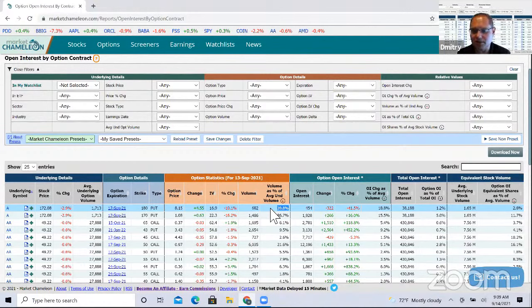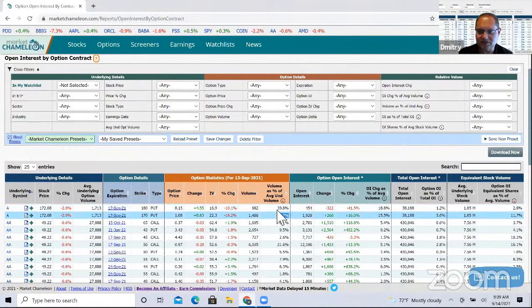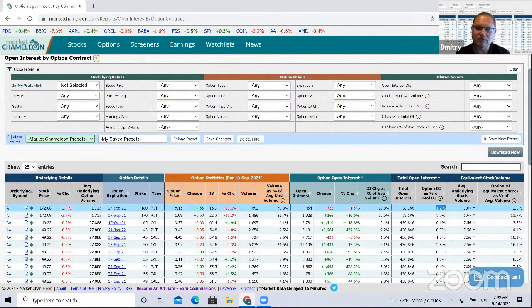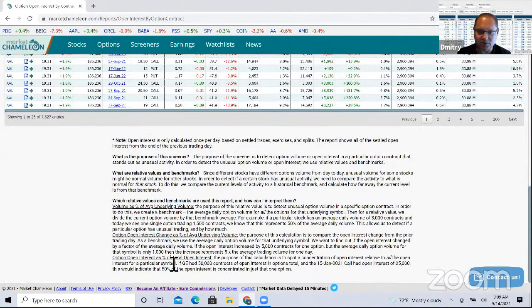We compare how much option volume was on that contract to the average daily volume, and that's these numbers here. Same thing with open interest concentration. I already did videos on these, so you could go back and look, and I think we have explanations below.